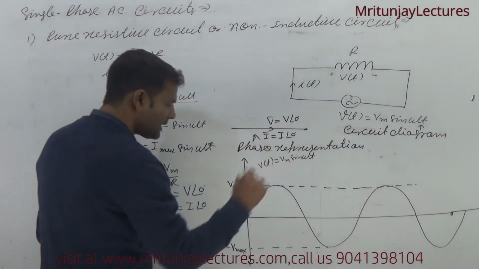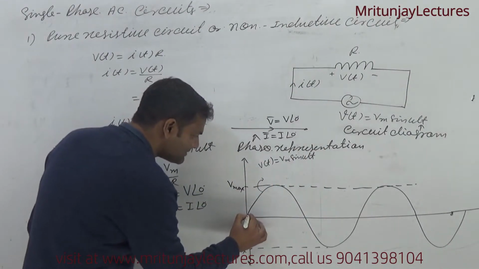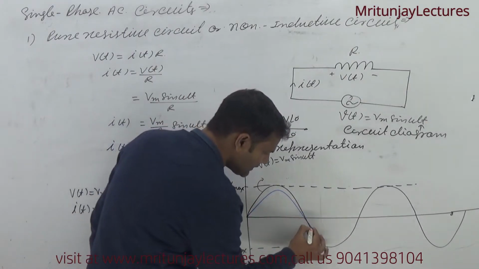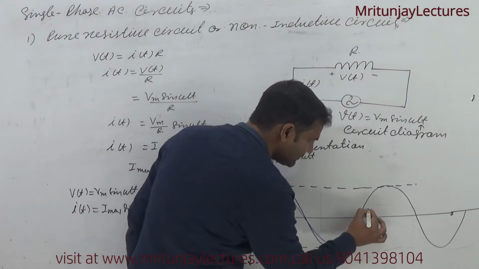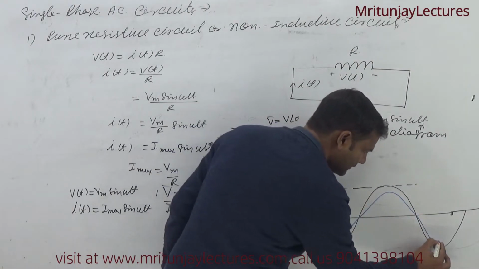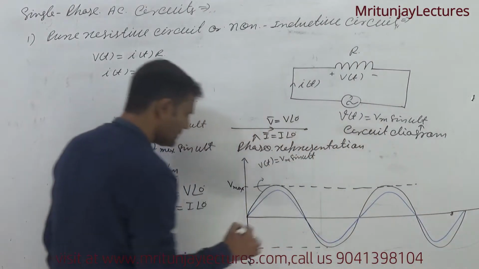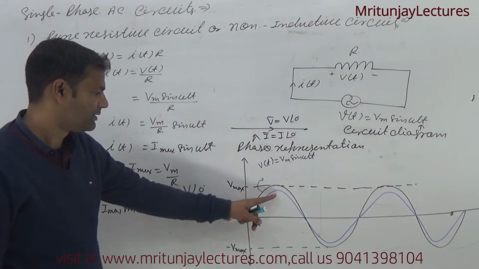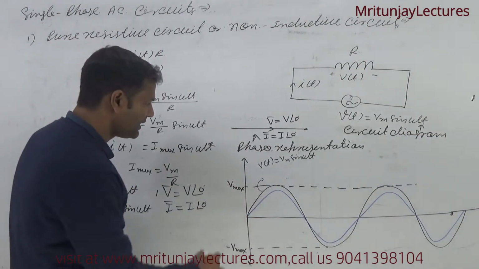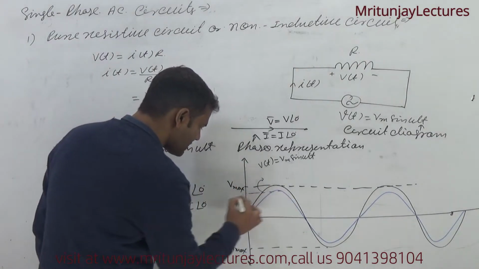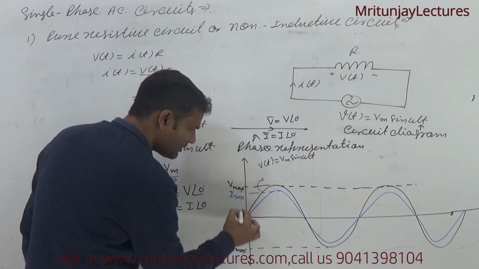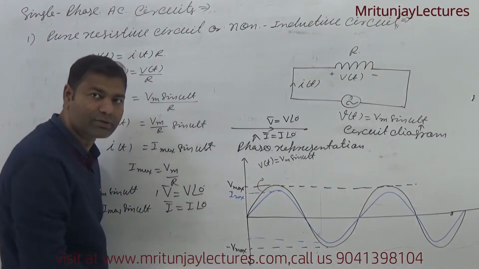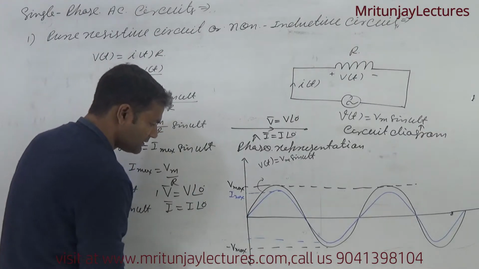Suppose Imax is like this. Suppose Vmax corresponds to 5 and Imax is 4.5, then Imax is lower than Vmax in magnitude.